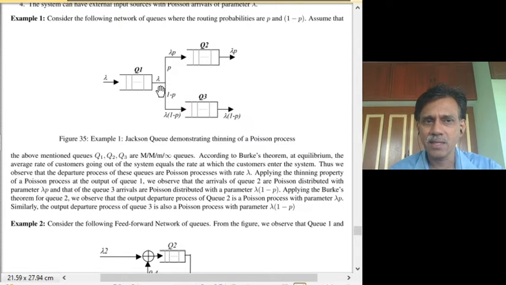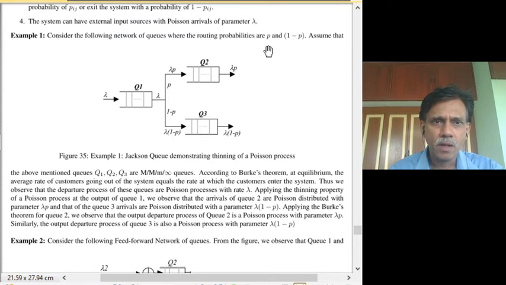So we can take this as lambda. Let us assume that with probability P, a customer on leaving Q1 goes to Q2. So the P_12, what we saw in the generic case here, is P, and with 1 minus P, the customer from Q1 goes to Q3.